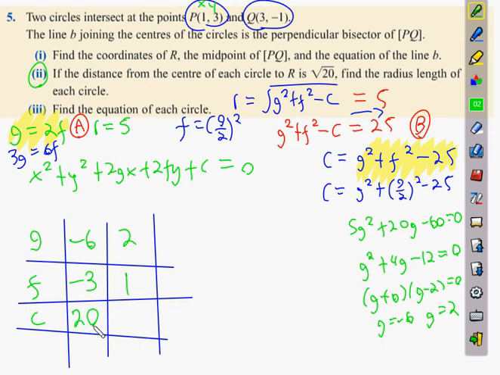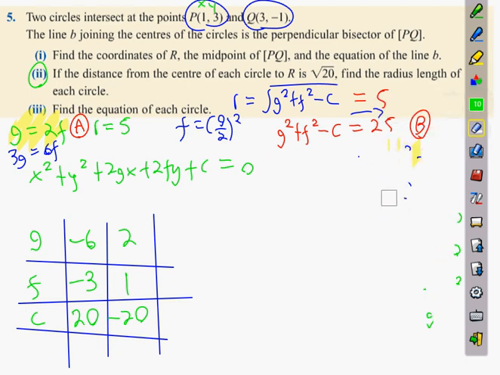Go again. g squared 4, f squared 1, because g is 2, f is 1. That's 5. 5 minus 25? Minus 20. Then, finally, what you're going to do next is use the x squared plus y squared formula.